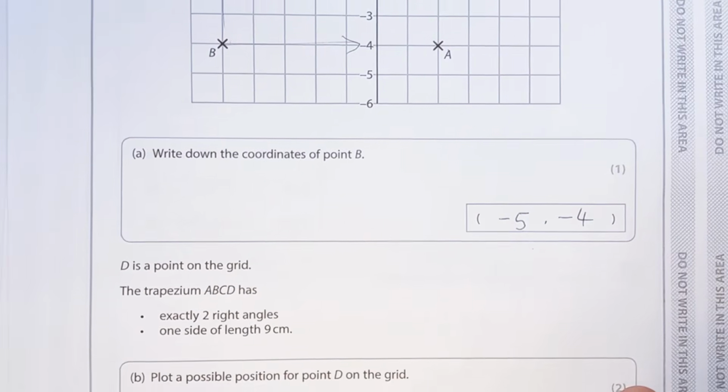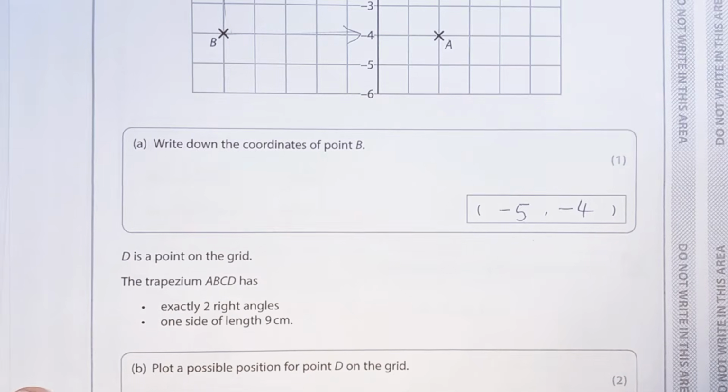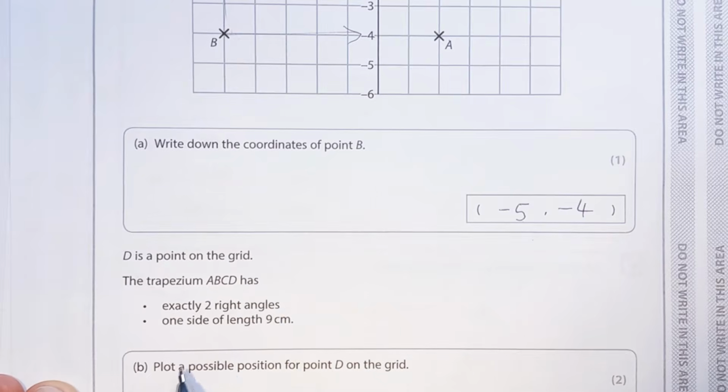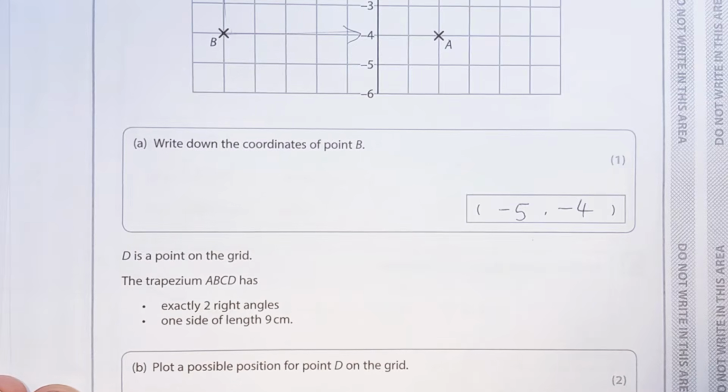Now it tells us that D is a point on the grid. The trapezium ABCD, so what they're saying is if you connect all those points together, it will make a trapezium. And it has exactly 2 right angles and one side of length 9 centimetres. Plot a possible position for point D on the grid.